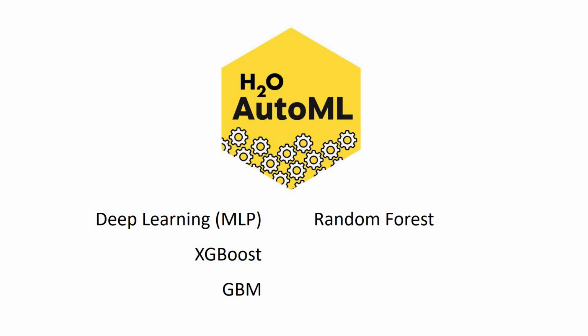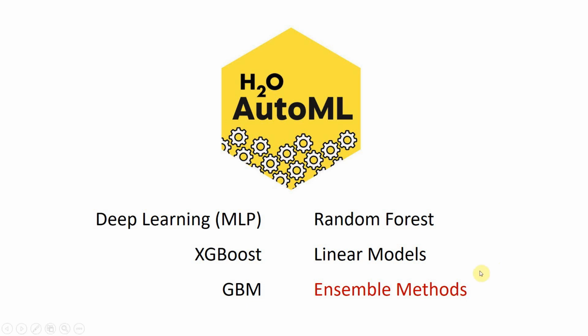Moreover, random forest, linear models, and finally, ensemble methods of all of those algorithms. Based on my experiments, I can say that ensemble methods would perform better than all of those individual algorithms, because ensemble methods combine all of those algorithms and find the best solution.